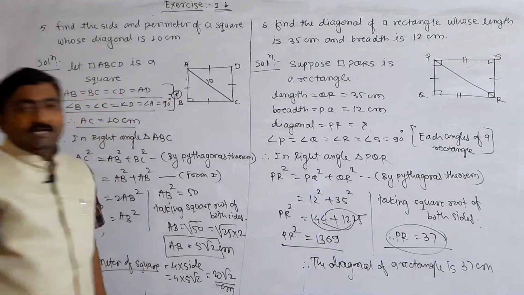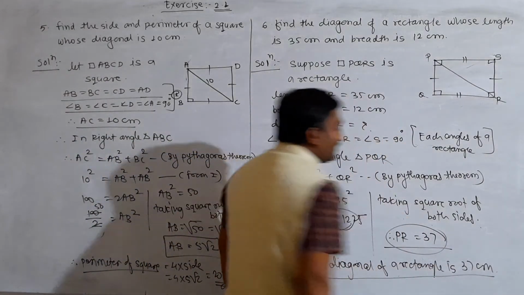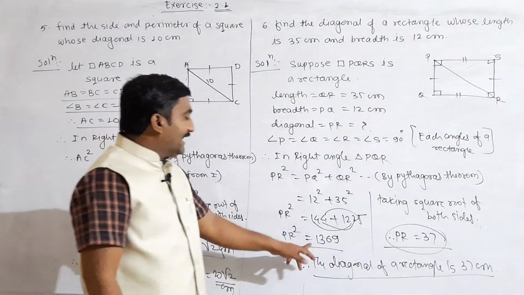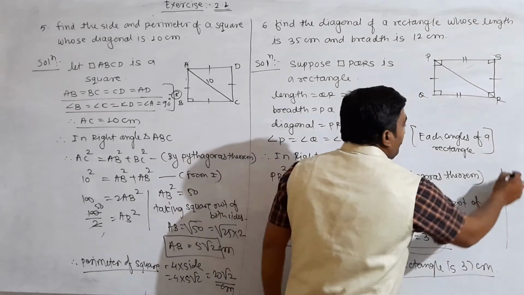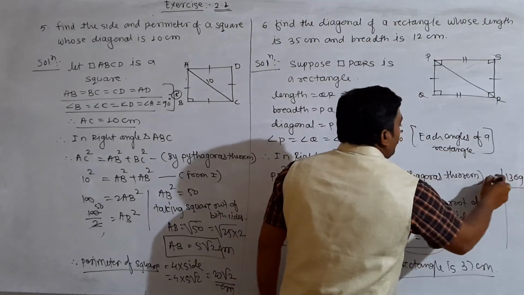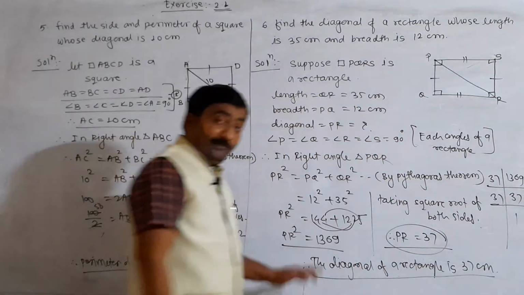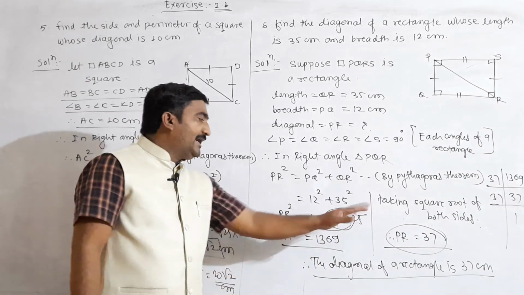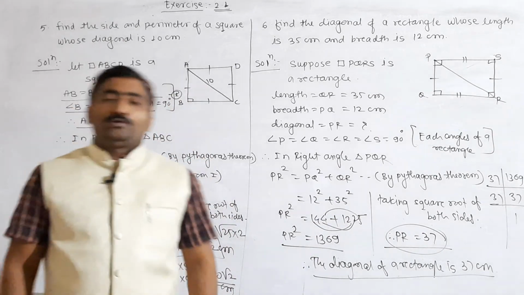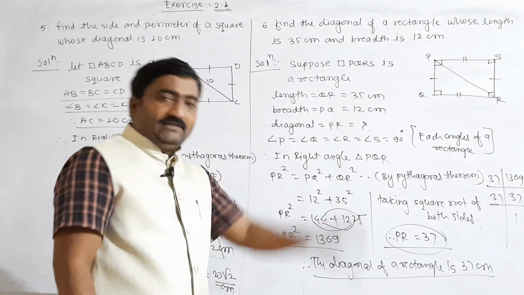In this way, we can write the answer in a full sentence. Diagonal of a rectangle is 37 centimeter. We can calculate the square root of this. When we factorize it, 37, here also 37. So remember the squares of 1 to 50. Ultimately, we know that PR is equal to 37. Therefore, the length of diagonal of a rectangle is 37 centimeter.